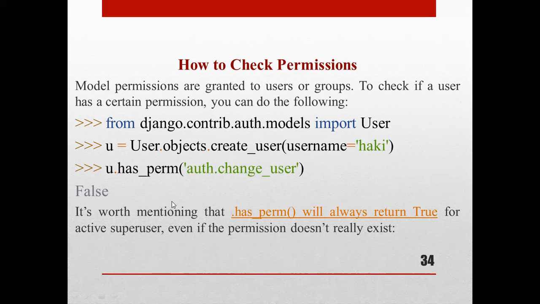It's worth mentioning that .has_perm will always return True for an active superuser, even if the permission doesn't really exist. This returned False because superuser permissions were not added.